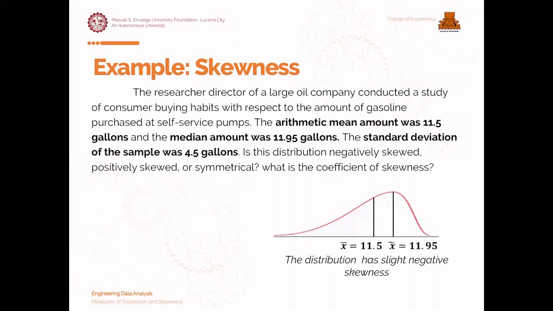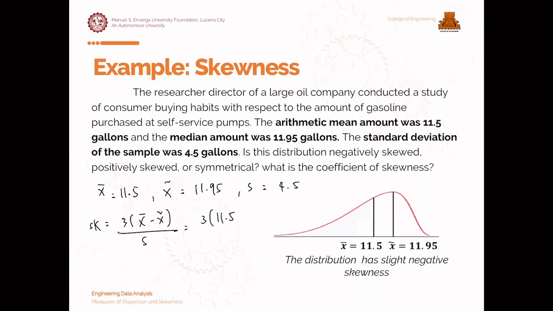Okay, so first thing is to identify all the given. So arithmetic mean daw natin is 11.5. Ang median amount natin is 11.95 and yung standard deviation natin is 4.5. Okay? We can now calculate yung coefficient of skewness natin as 3 times x bar minus x tilde divided by s. So we have 3 times 11.5 minus 11.95 divided by 4.5.